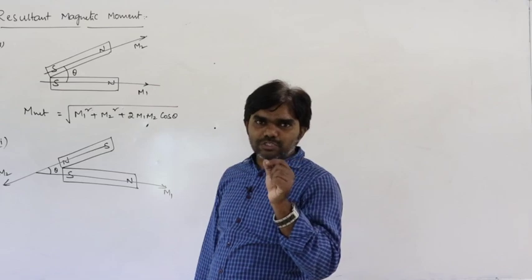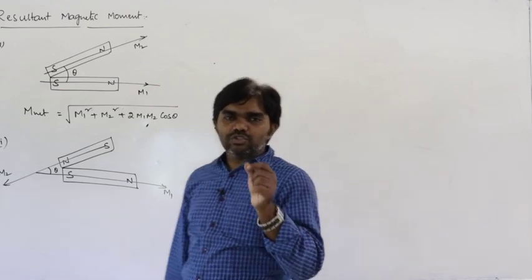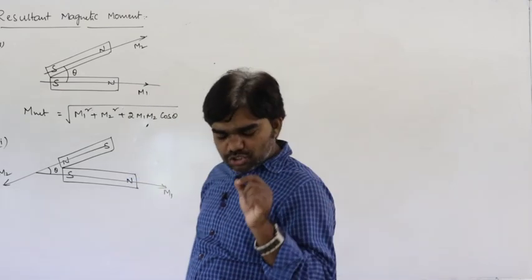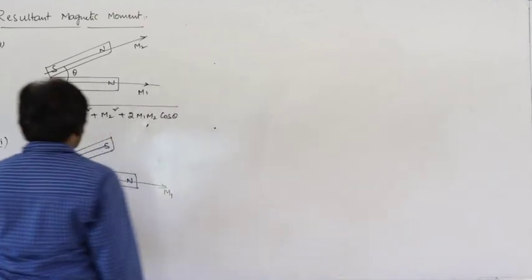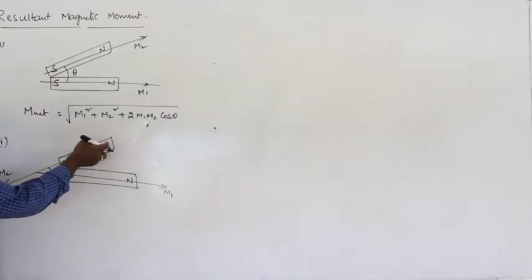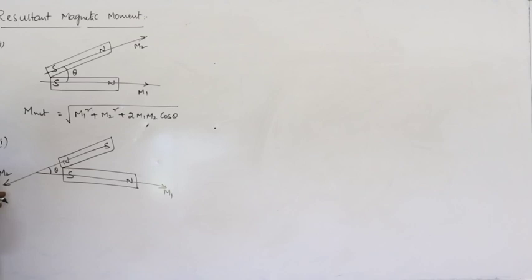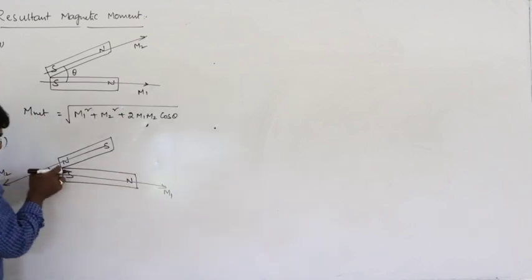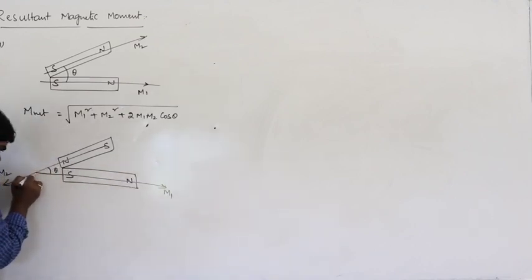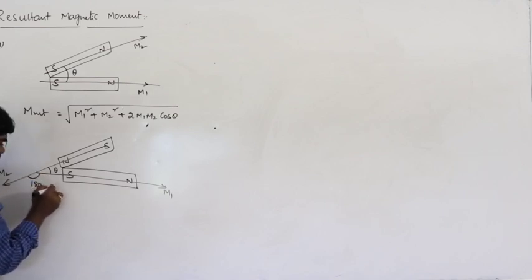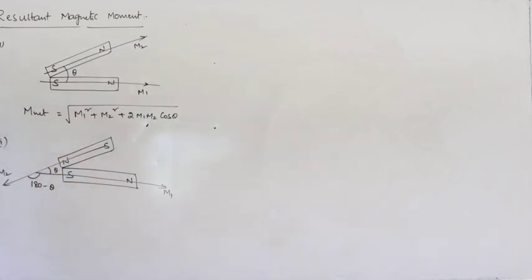Angle always must be measured between two initial points or two starting points of the vectors. So here this vector starts at this point and it is extended in this direction. This angle is given as theta. But what is the angle here? It is actually 180 minus theta.